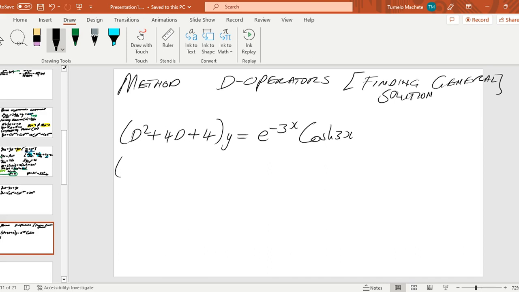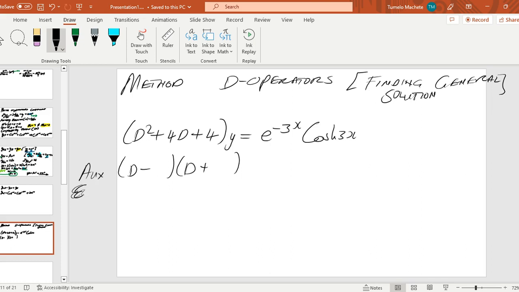In order for you to get the factors of this, basically this is our auxiliary equation. That's step number one. The auxiliary equation is when you find the factors. So you can have a plus 2 and a plus 2.